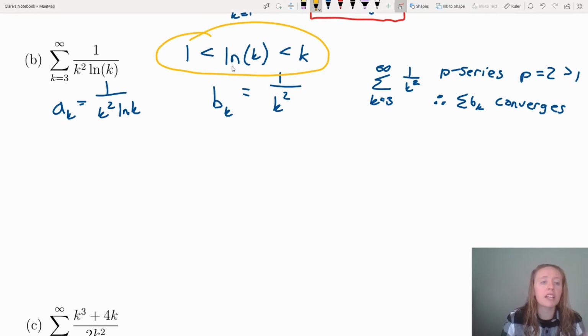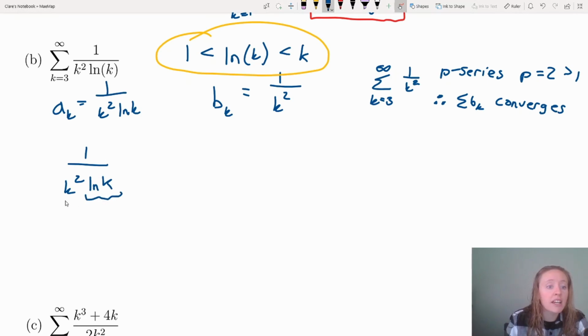Because if 1 is less than the ln of k, which is always less than k, the ln of k is going to be some positive number greater than 1. So when we're looking at 1 over k squared times the ln of k, because we're multiplying k squared by a number bigger than 1, that denominator is going to be greater than just k squared, which makes this overall fraction smaller.